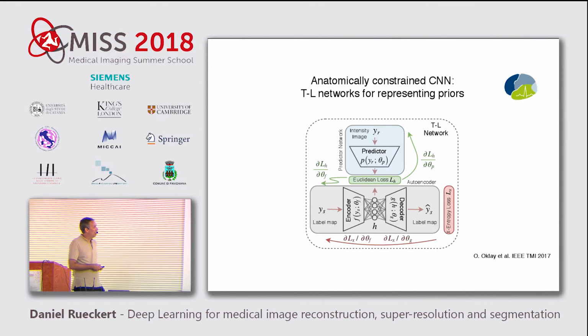Okay? So in some form, you can almost think of this as doing PCA on your segmentations. PCA would be the simplest possible autoencoder you can use here, a linear one. And we simply have a convolutional autoencoder here. But at the same time, we train another network which tries to predict this latent code, H, directly from the intensity image.